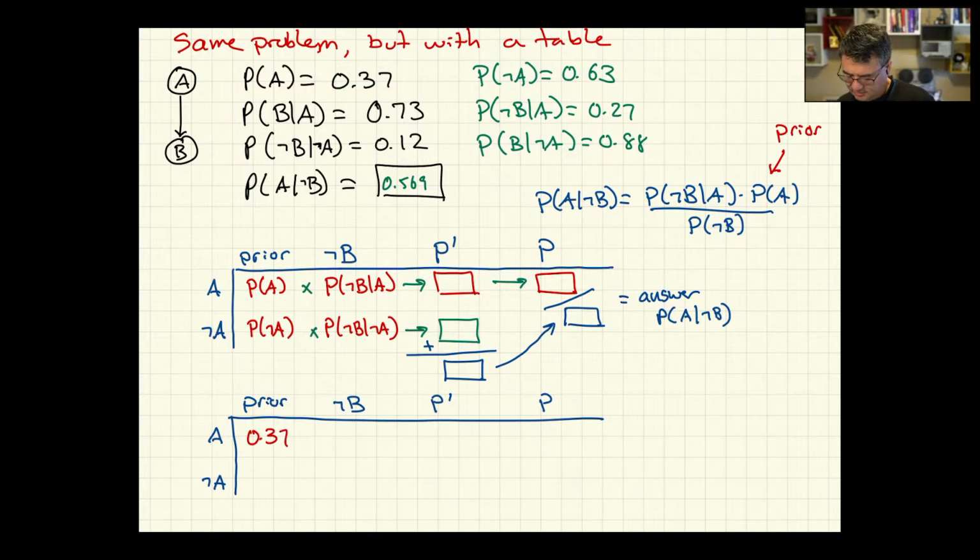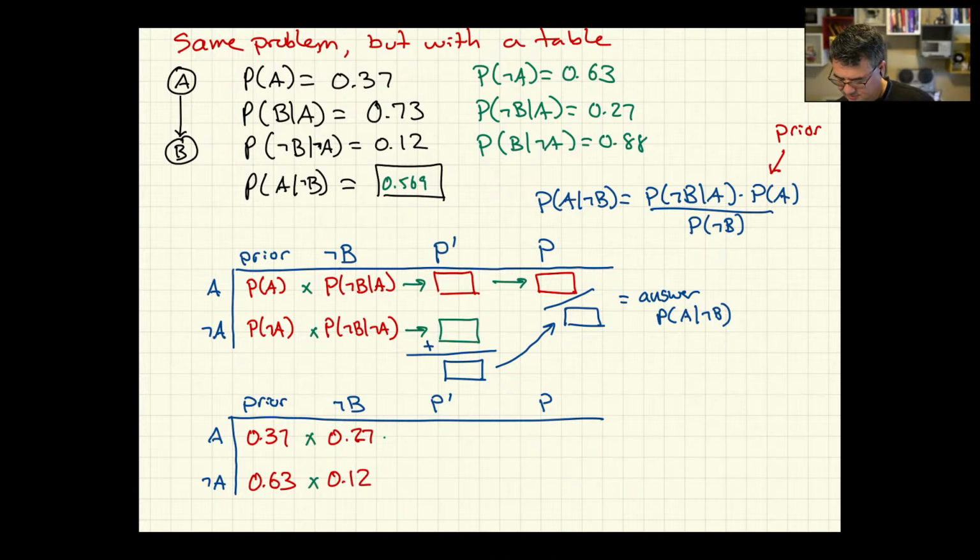And the not A, which is just 1 minus that number. Under the not B column, I'm going to put the probability of not B given A, which is right here, 0.27. And then down below that, I'm going to put the probability of not B given not A, which is right here, 0.12.